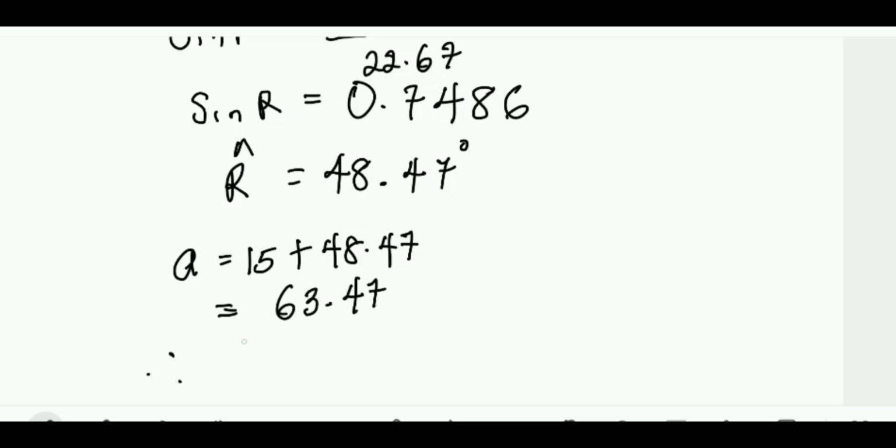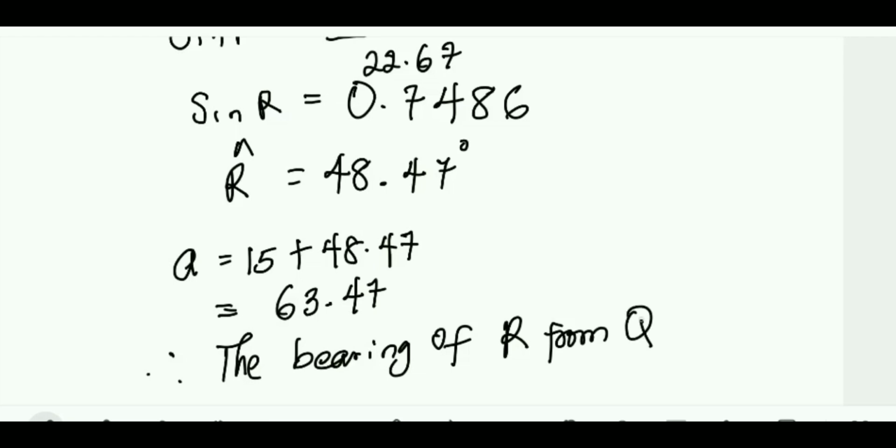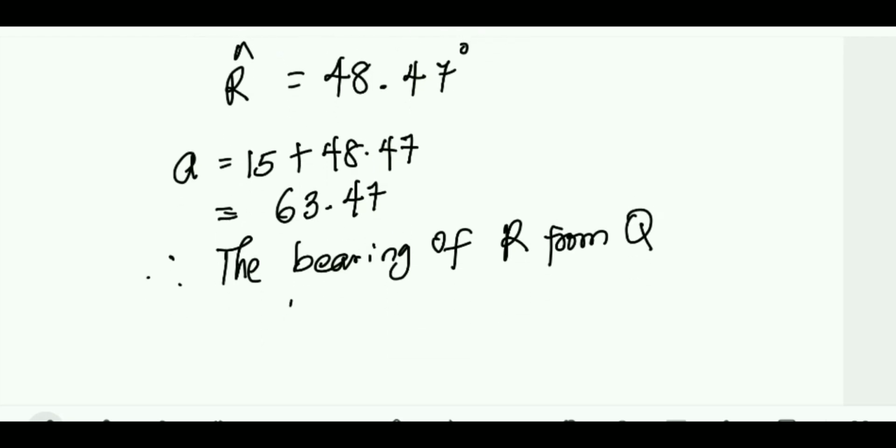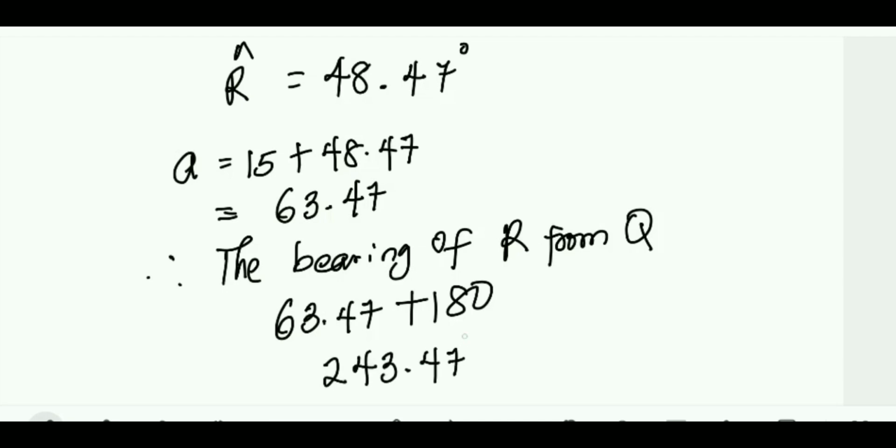So therefore, the bearing of R from Q is 63.47 plus 180. When you add this together, you have 243.47 degrees. And that's the bearing.